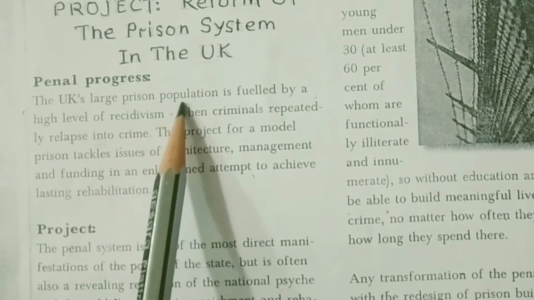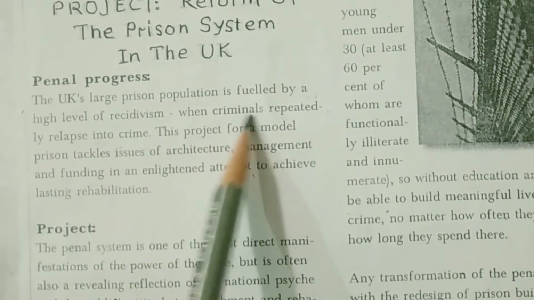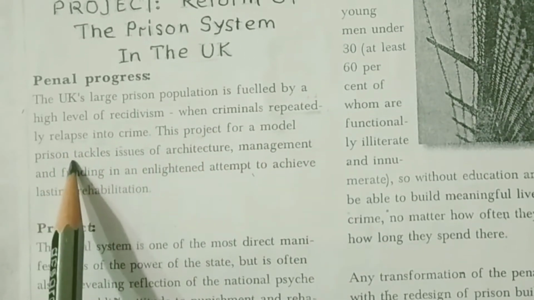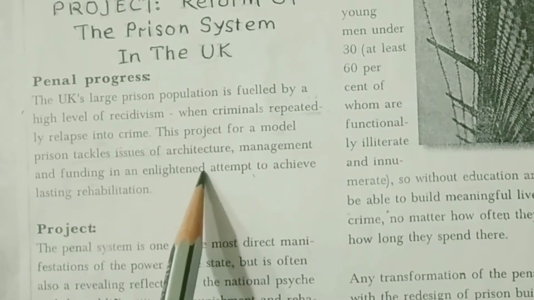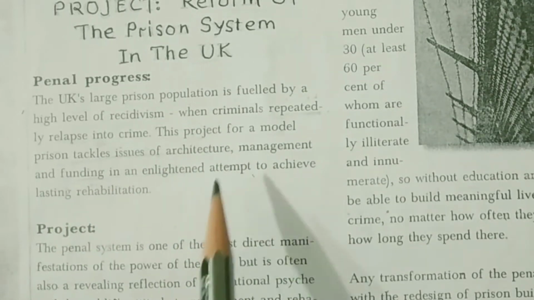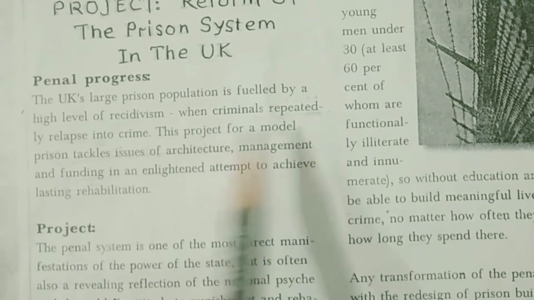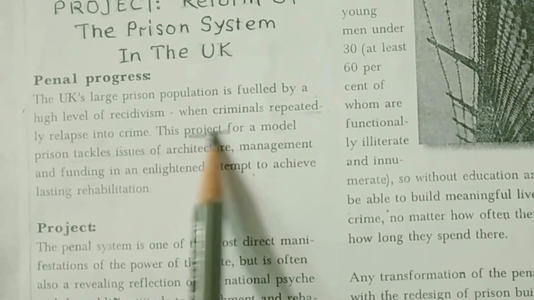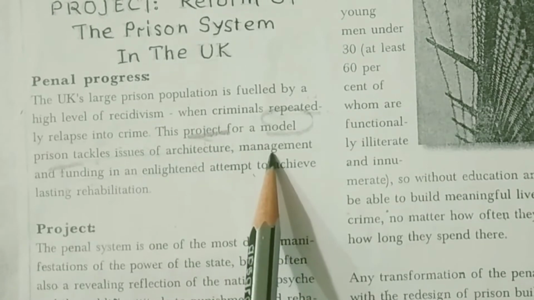The UK's large prison population is fueled by high levels of reoffending, the relapse of the criminal. If you are getting a doubt that this may be the answer, see: the project for the model prison, UK, of course British. The project for the model prison tackles architecture, management, funding, an enlightened attempt to achieve lasting rehabilitation.